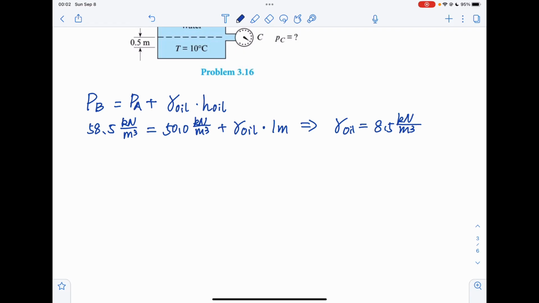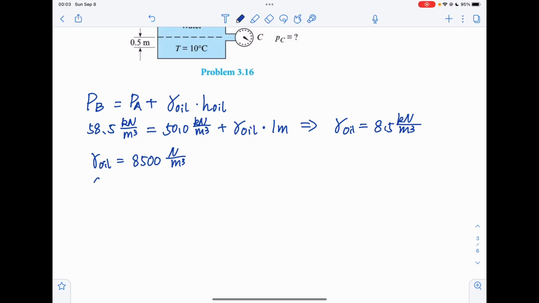Okay, so convert it to SI units, it will be 8,500 Newton per cubic meter.